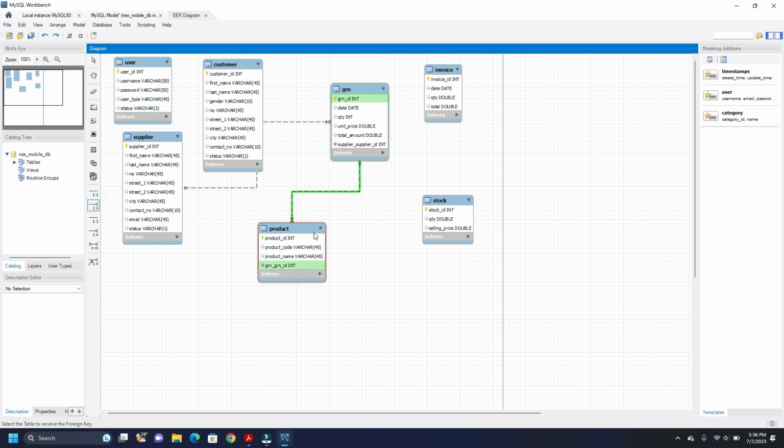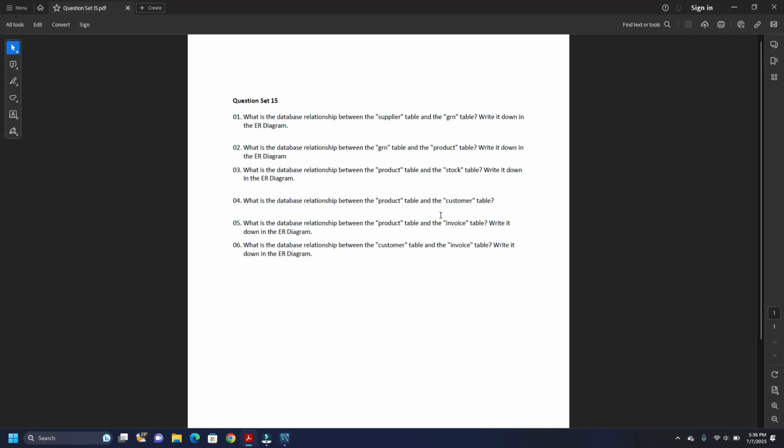So, many side being the product, and then we select the stock, and there you go, we have created the relationship between those two tables.